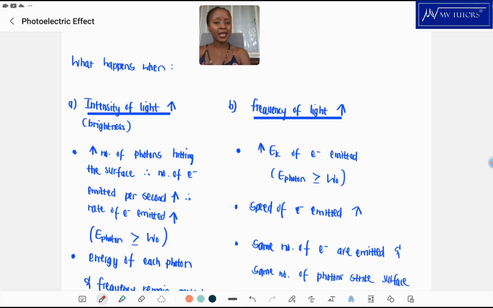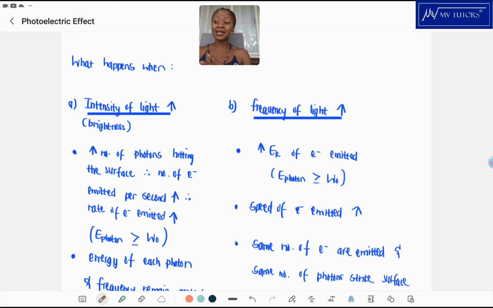So let's say you had enough frequency to eject the electrons, you had enough energy to get the electrons moving. So everything is in motion. But now you decide, let me increase the intensity of the light. What does that do? It increases the number of photons hitting the surface.